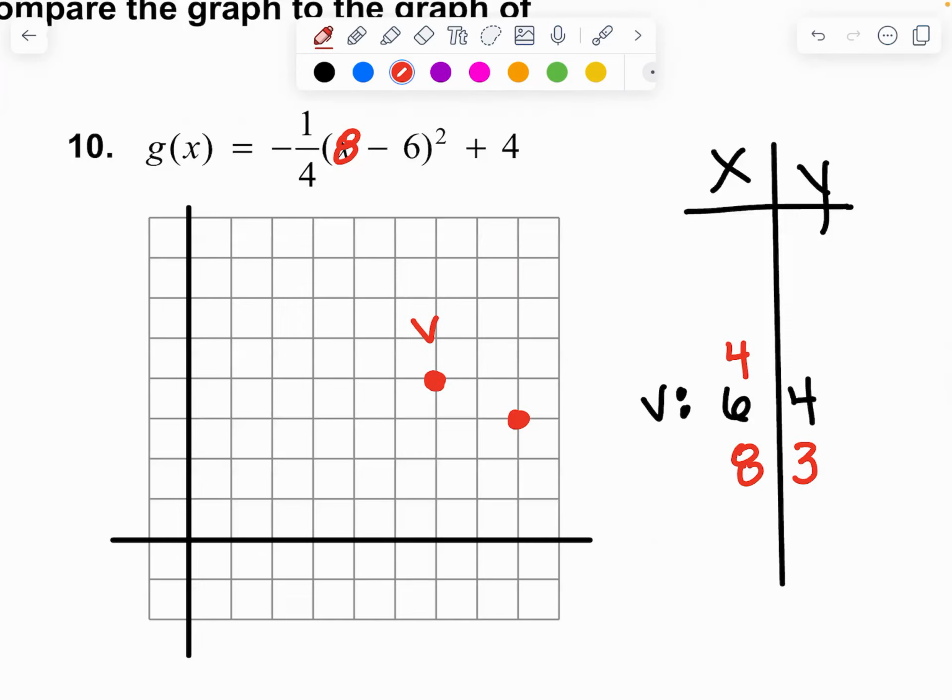Okay, I did it with the 4. You get -2, squared is 4. Okay, so Allison plugged in 4 and got 3. Okay. What should we plug in next? 10 and 2? You could do that. When we plug in 2 and 10, we get 0. I'll just let you know.